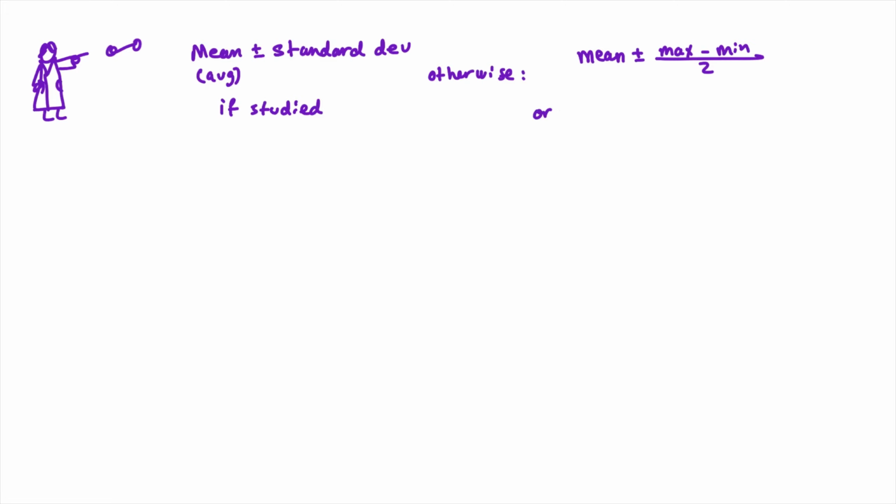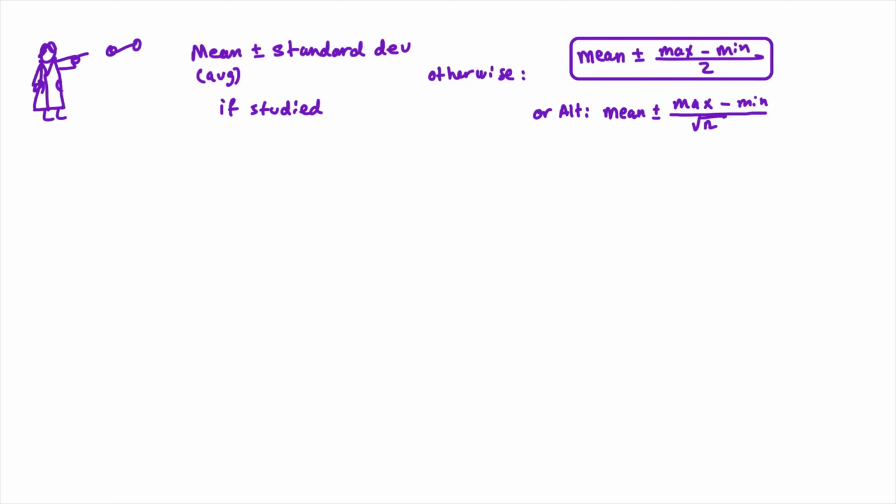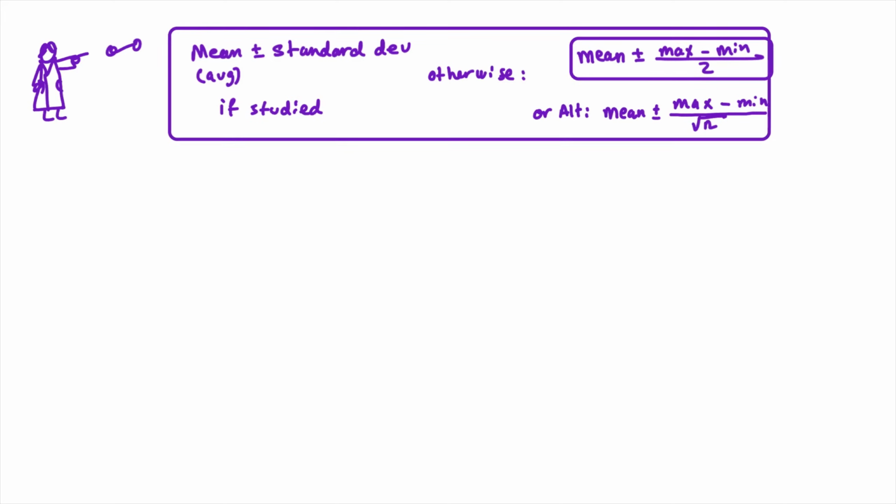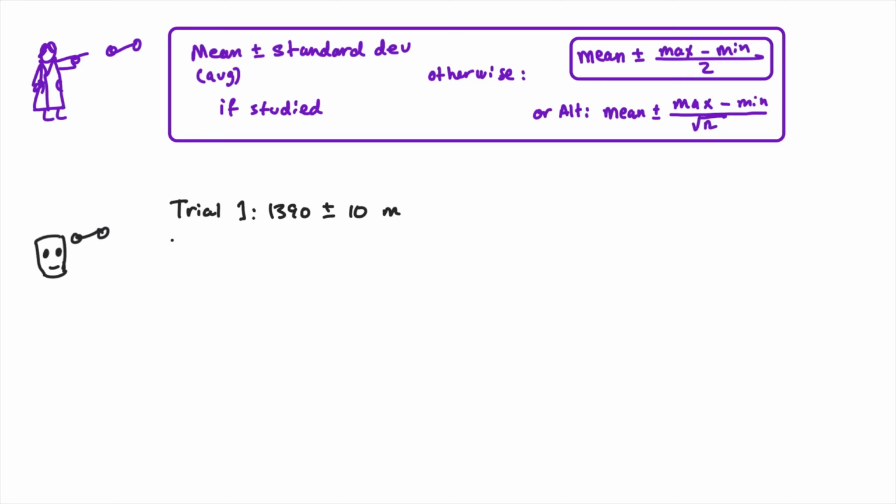However, some students have not covered this method at this stage of their learning. Note that you might also see uncertainty calculated by max minus min divided by the square root of the number of trials.